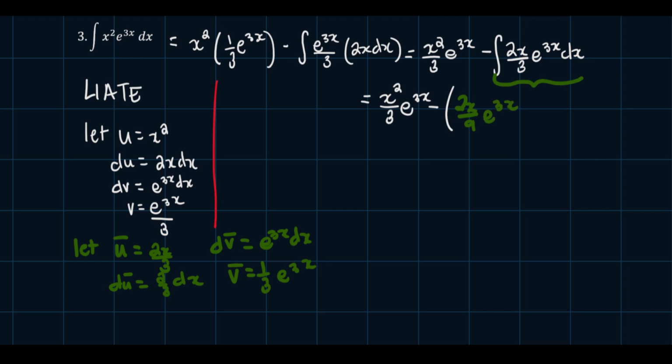This is u bar times v bar minus the integral ng v bar du bar, or 2 over 9 e raised to 3x dx.